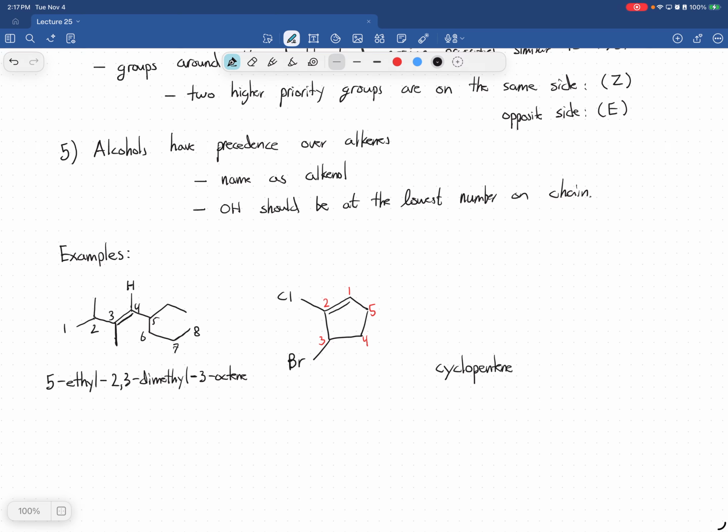So this one's a little weird. You think you'll number it this way? Unfortunately, no. So you should start at the alkene carbon that is more substituted. That should get 1. So let's just reverse the order here. So 1, 2, 3, 4, 5.